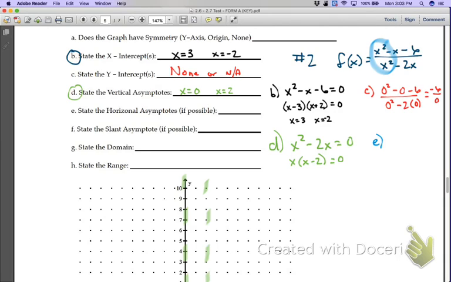That means I'm going to take x squared divided by x squared, which is just going to be what? 1. So you have a horizontal asymptote at 1. If you have a horizontal asymptote, that means you don't have a slant.